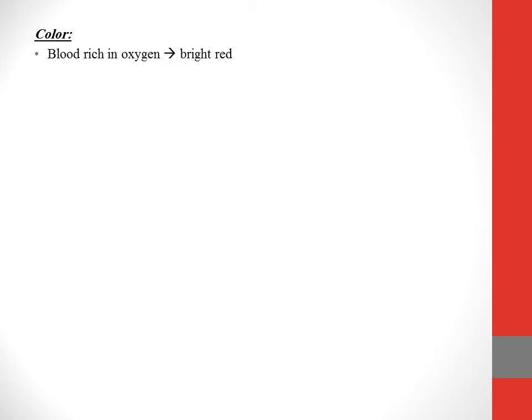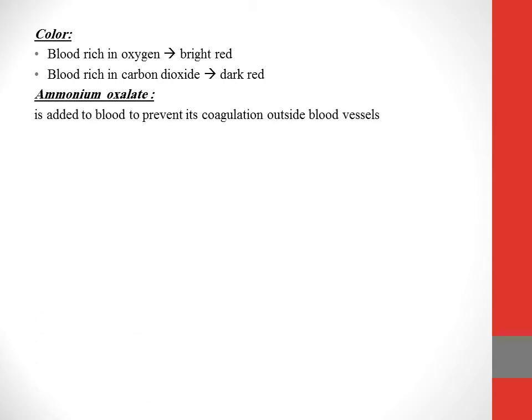Now let's talk about the blood. First, we should know that the blood has two colors, either a bright red color or a dark red color. If the blood is rich in oxygen, its color is bright red. If the blood is rich in carbon dioxide, its color is dark red.